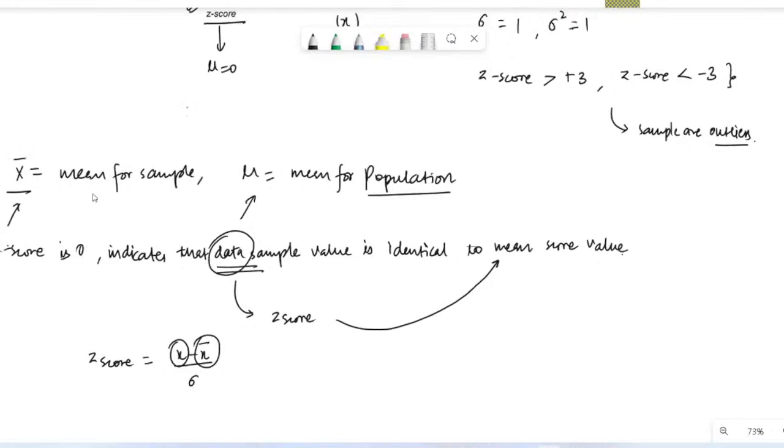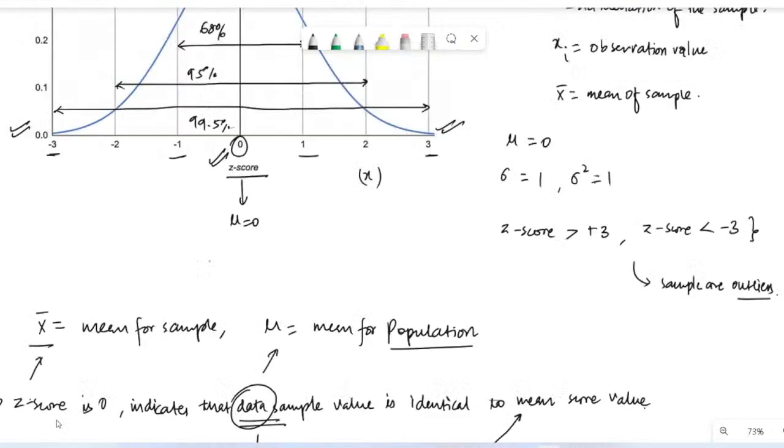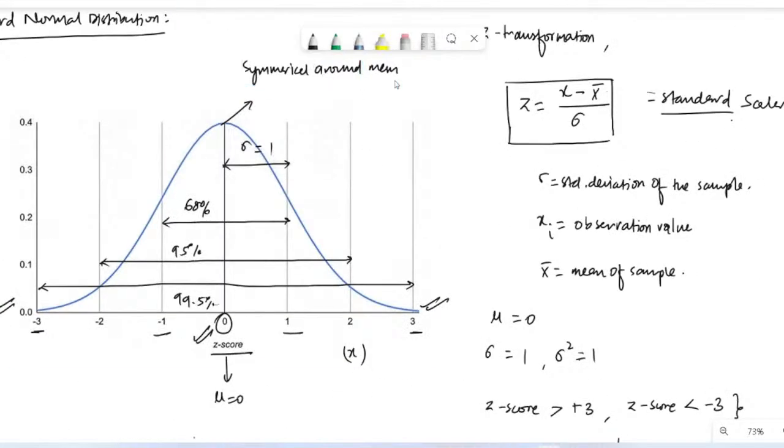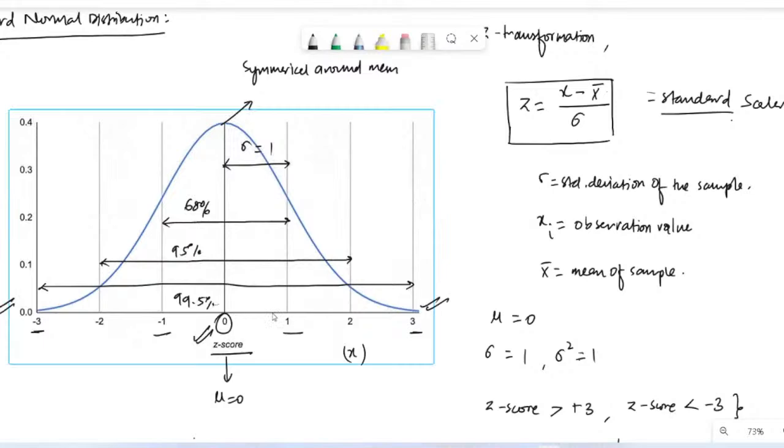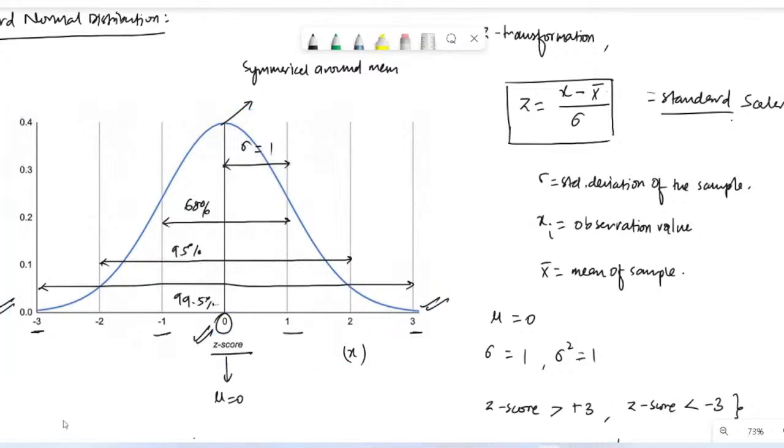And obviously the other important thing about the 0 score is that it is symmetrical and will divide your entire distribution into 50% and 50%. That means the right hand side and left hand side are symmetrical. They are divided 50-50 at z-score equals 0.